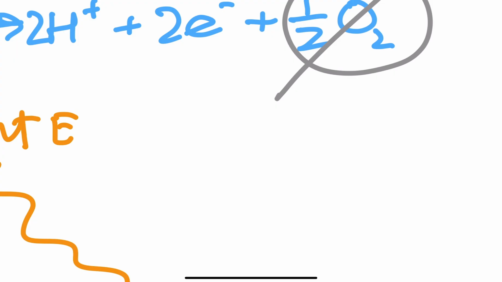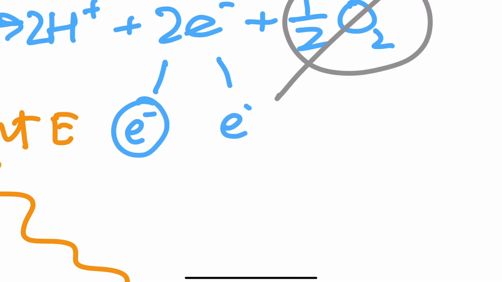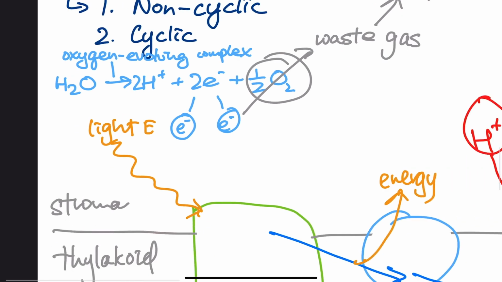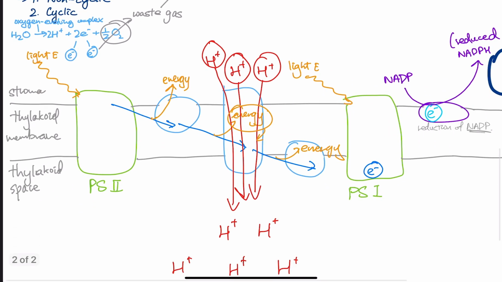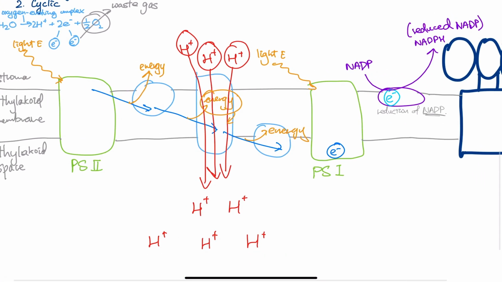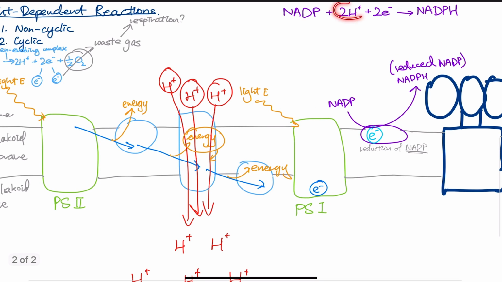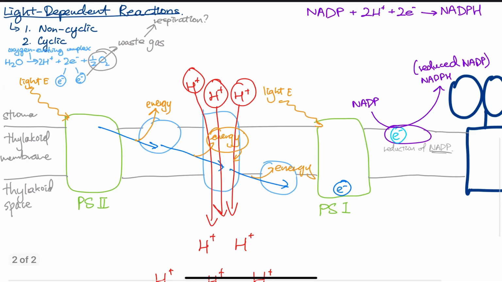I'm going to quickly split them into 2 electrons right here. And I'm going to talk about the 2 hydrogen ions first. I've told you just now that the reduction of NADP requires 2 hydrogen ions, and these 2 hydrogen ions here are where it came from.